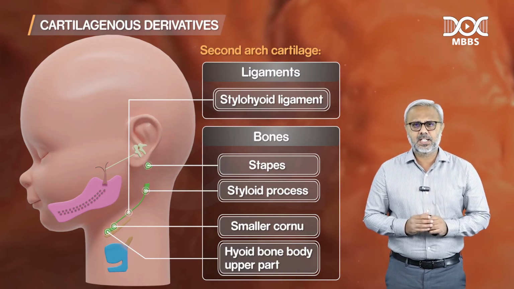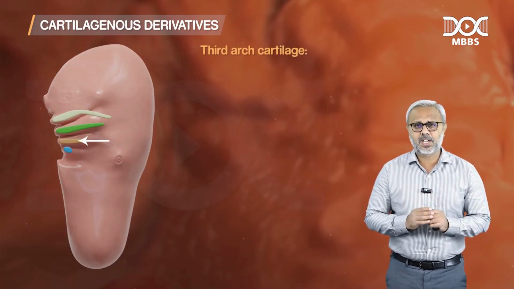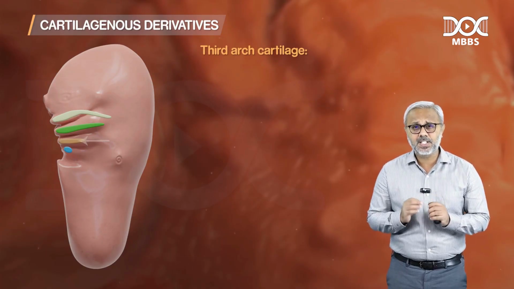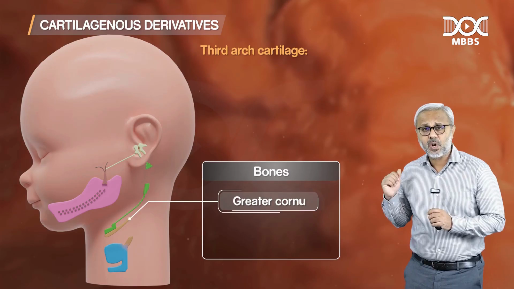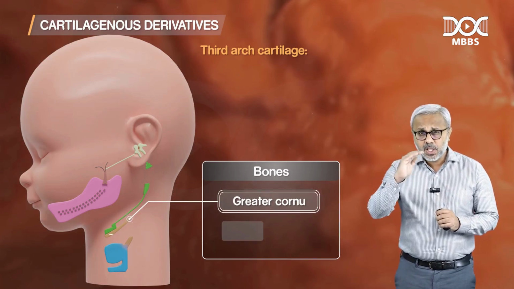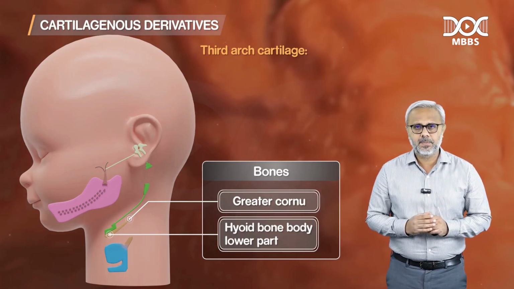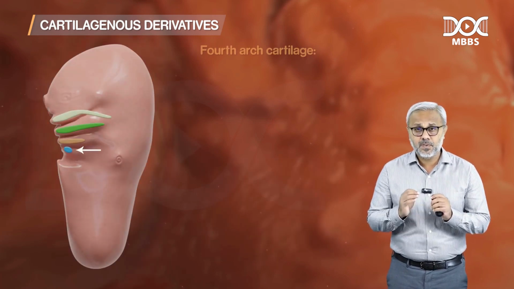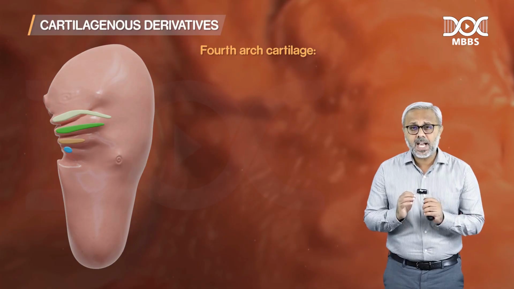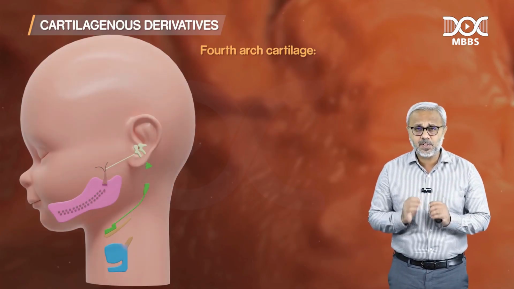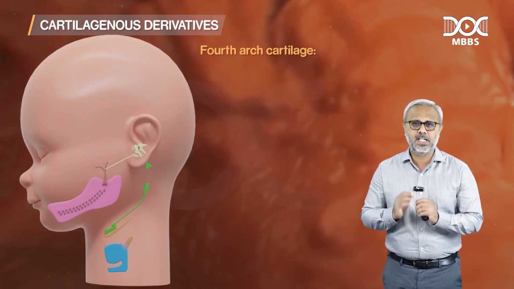The third arch cartilage. When we talk about third arch cartilage, it gives rise to the greater cornu of the hyoid and the lower part of body of the hyoid. What about fourth cartilage? The fourth and sixth arch cartilages are believed to give rise to laryngeal cartilages.